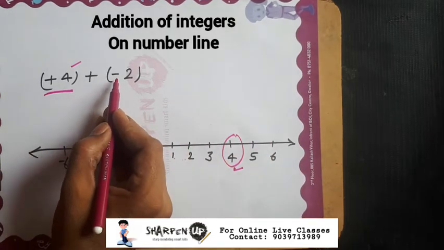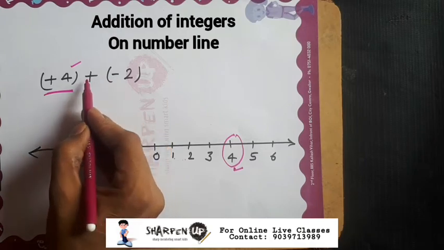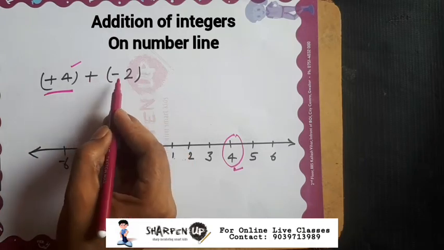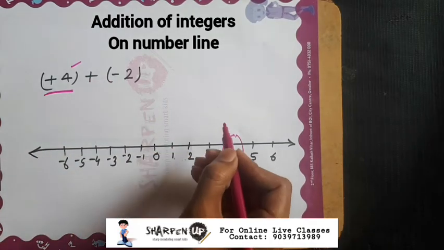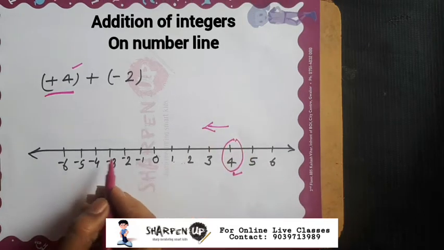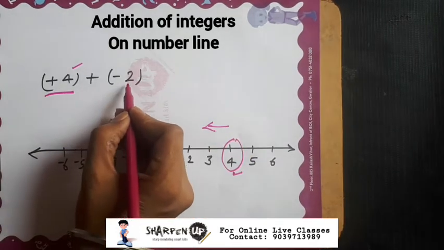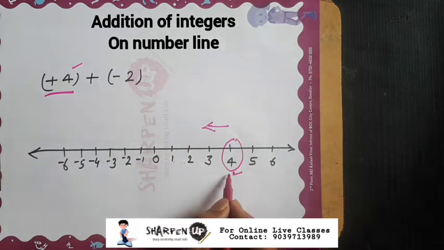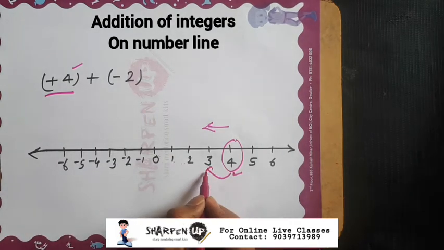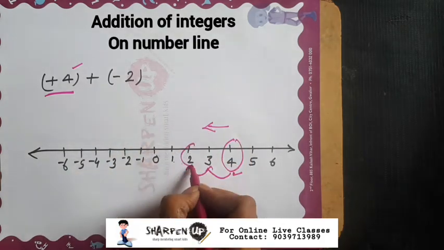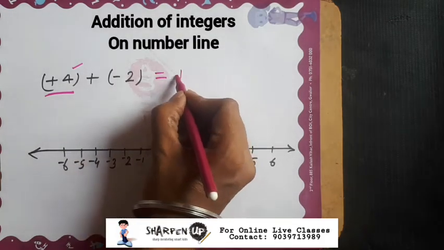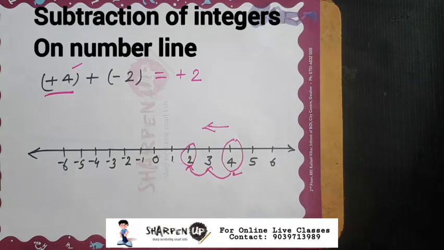Here we are adding some negative habits in our life. Is it a right thing or wrong thing? Obviously wrong. So we will go in the left direction. How many places? 2. So this is 1 and this is 2. Right now we are at plus 2. So the result is plus 2. This is so easy.